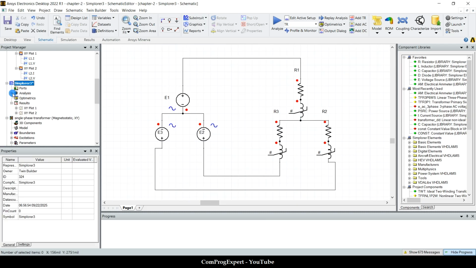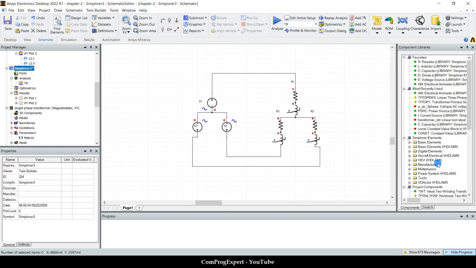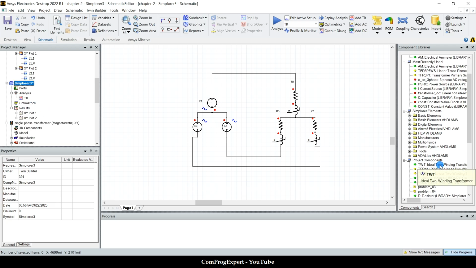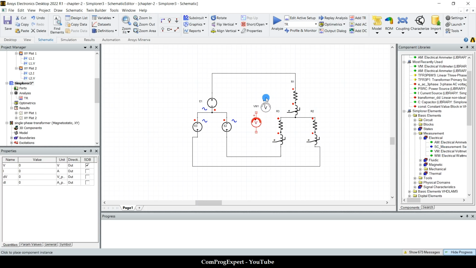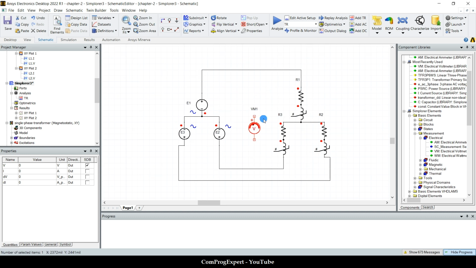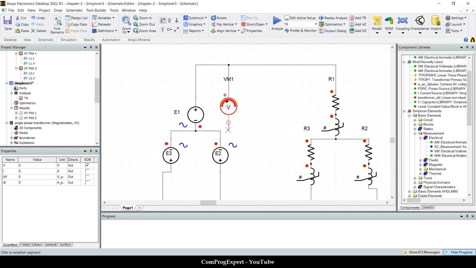So let's run the simulation and check the waveforms of the voltage and current. In this case, let's measure the value of the voltage. Measurement: I want to measure the voltage of this point with respect to this one.